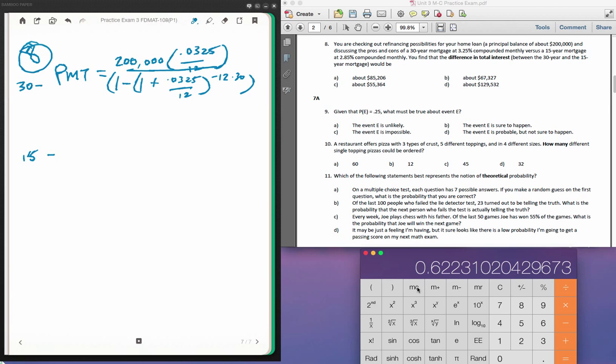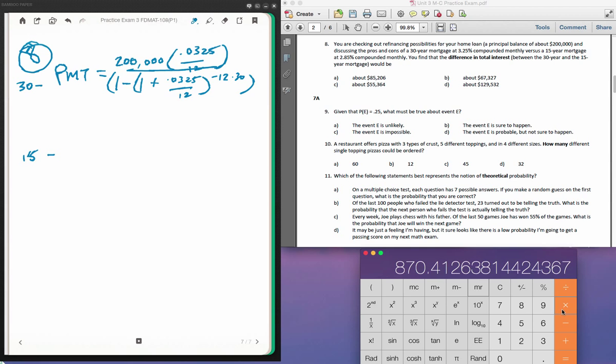So I'm now going to clear my memory and then store that in the memory. And then let's do the top, 0.0325 divided by 12, multiply that by the principal. Now we're going to divide this by our memory recall, which was the denominator, and so that's our payment.